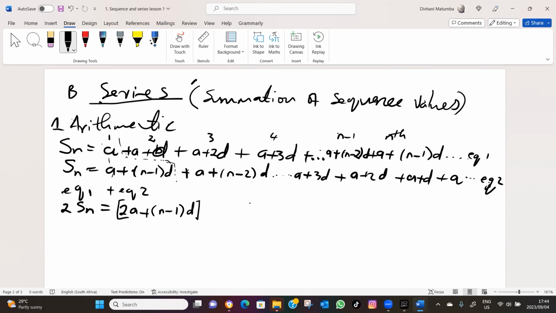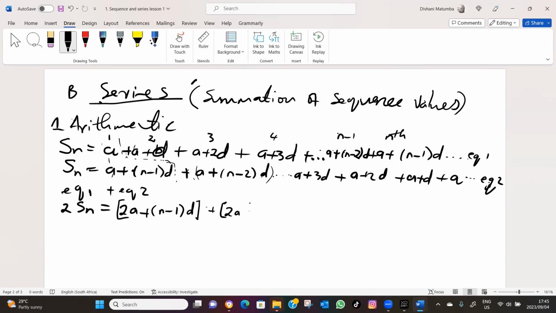The second one will be a plus d plus this term. A plus a will be 2a, add d plus n minus 2 into d.